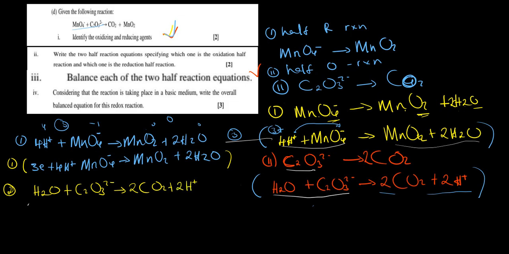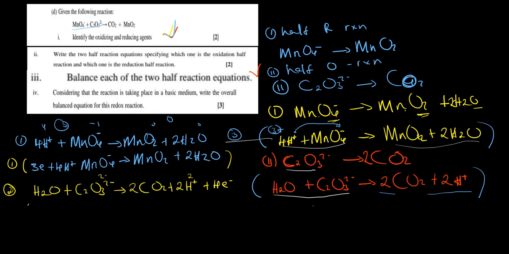From here I can see that side I have negative 2. This side I have just positive 2. How do I balance? I need to have negative 2, so I'll add 4 electrons. When you add 2 plus 4, they are negatively charged, more like negative 4 here, plus 2, which will give us negative 2.